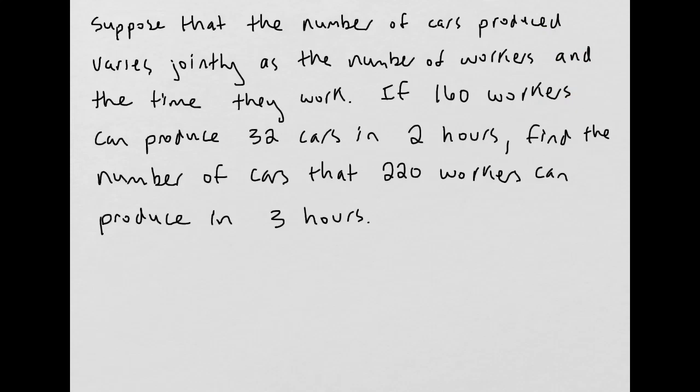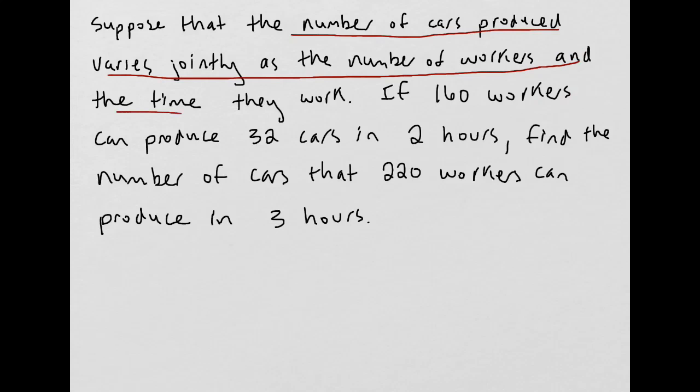Okay, so our first step here again is to write out that basic formula. So if we look at just the first sentence, it says the number of cars produced varies jointly as the number of workers and the time that they work.